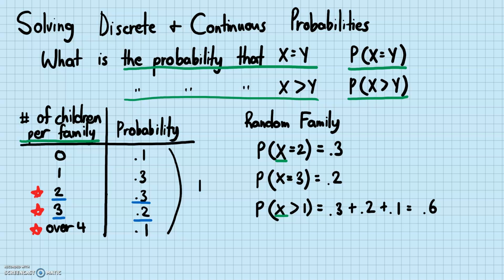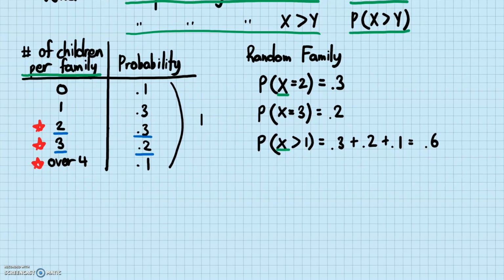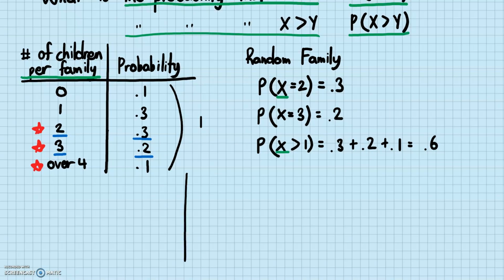And actually, I think it's a little bit easier to visualize this on a histogram. If you remember our histogram, in the case with 0, 1, 2, 3, and over 4.